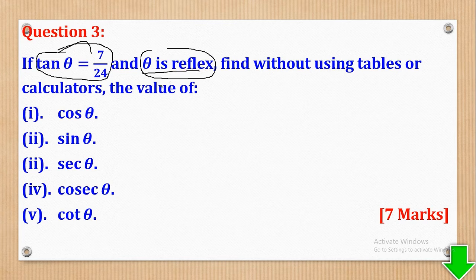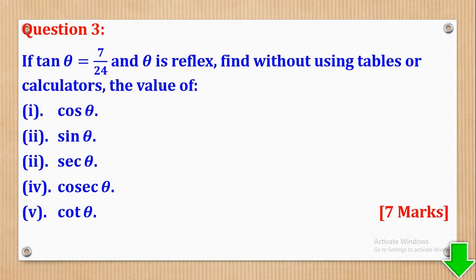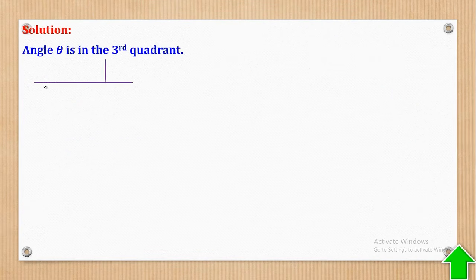So when we realize that, we can draw our right angled triangle. Remember, angles are measured from the horizontal going in an anti-clockwise direction for them to be positive.